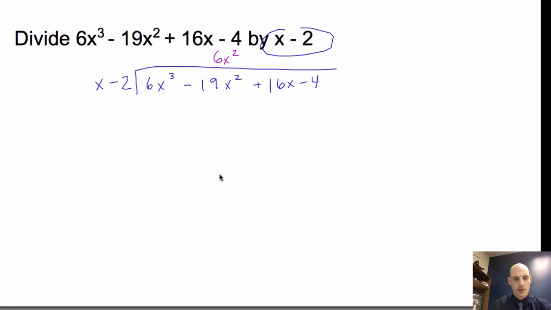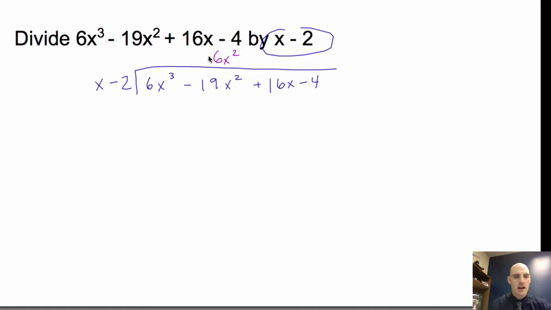My x squared terms go over my x squared, my x terms go over my x, my constant terms go over my constant. I'm trying to divide each term, the 6x cubed, then the 19x squared, then the 16x, then the 4, by what we've got here. But I'm going to start bringing down all of my answers as I come, so these are actually going to change as I go along. You'll see how it works.